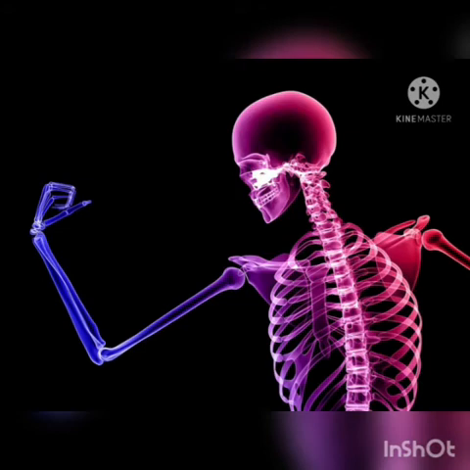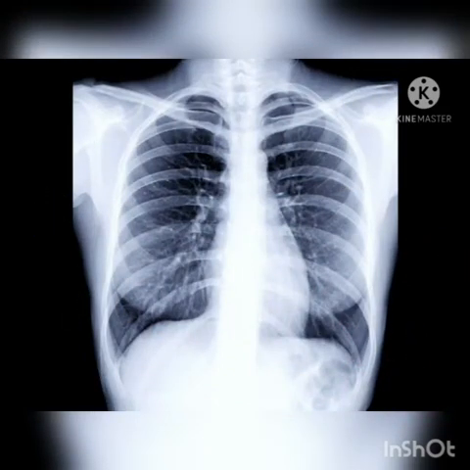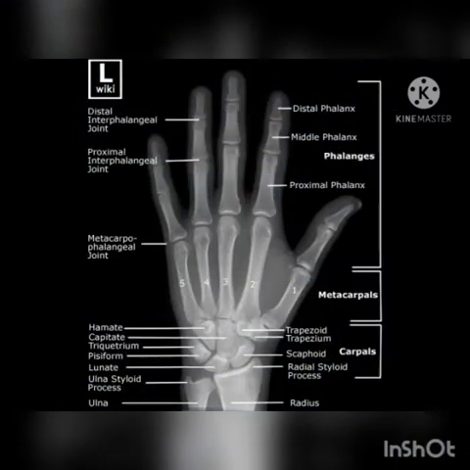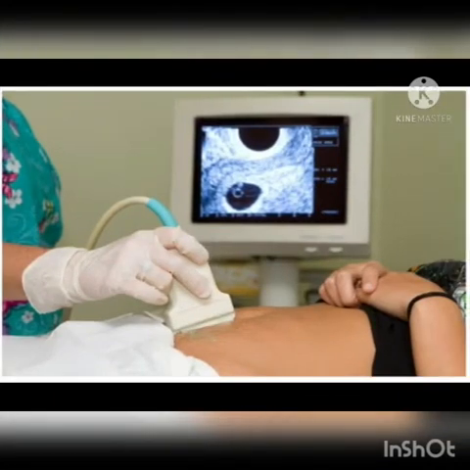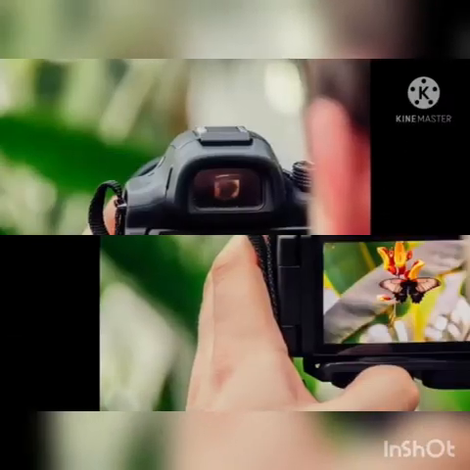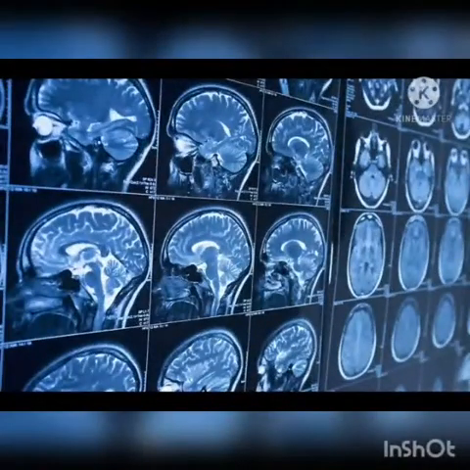Then of course it is not only about radiographs. Nowadays, besides radiographs or X-rays, we have what is called the ultrasonograph.